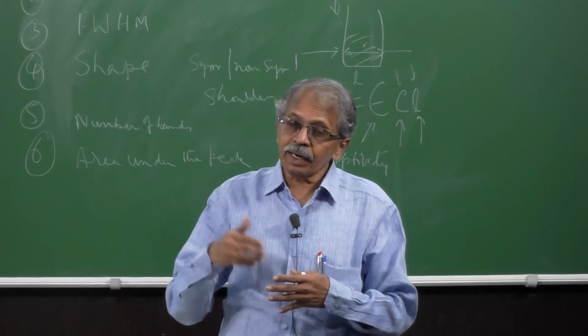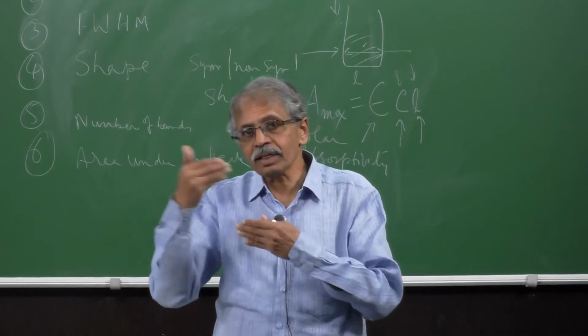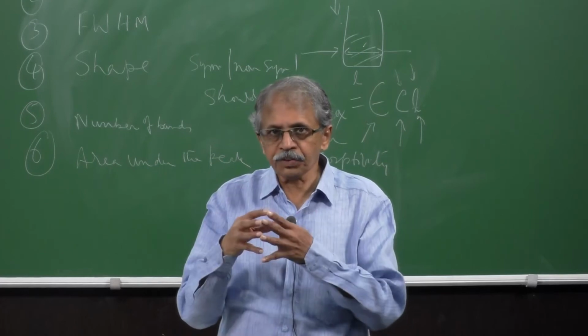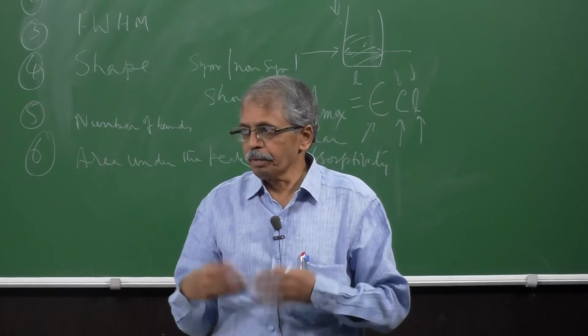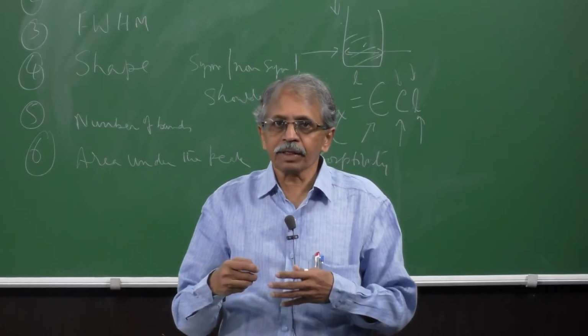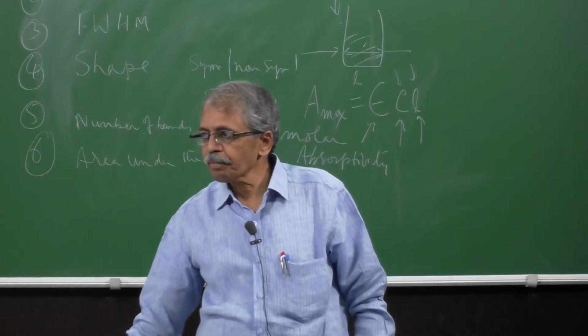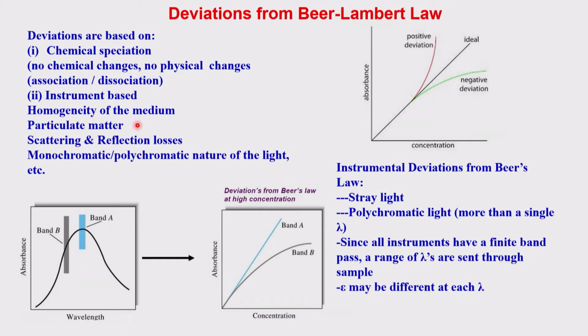At times at a higher concentration there could be some chemical variation as well, not only speciation, maybe some reaction occurring, a chemical change, a physical change, or you can have instrument-based ones, depending upon your detector limit, depending upon the units which deconvolute light like prism, grating, etc.